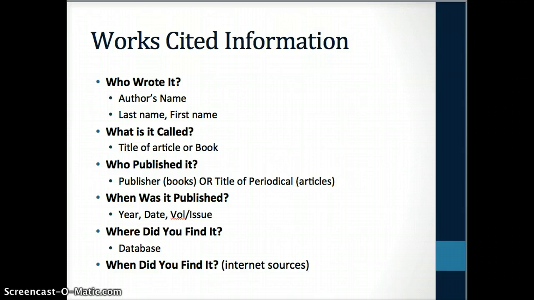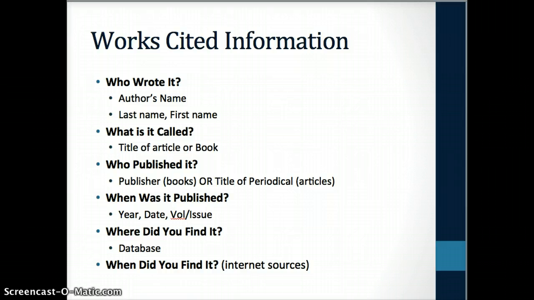Remember what I said, there's no URLs for MLA format. So it's really important that you pay attention to the database you're using because you're going to include that in your works cited page. And then finally, when did you find it? It's really, really, really important that for internet sources, you keep careful notes about the date you accessed the material.